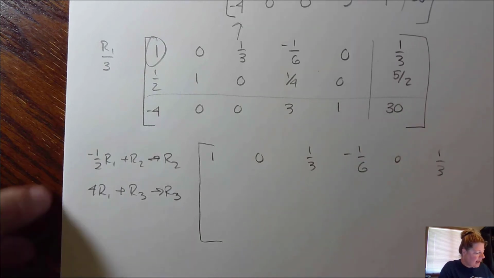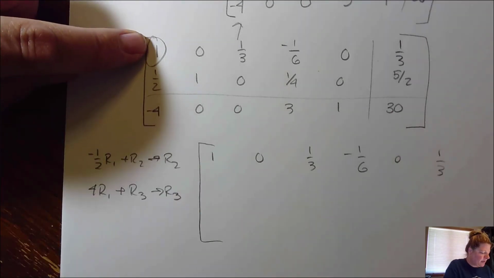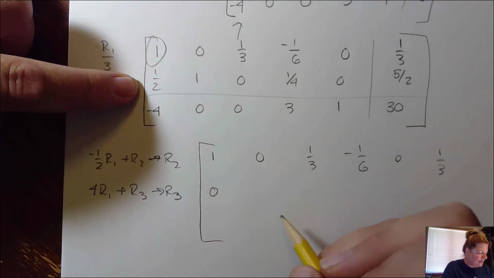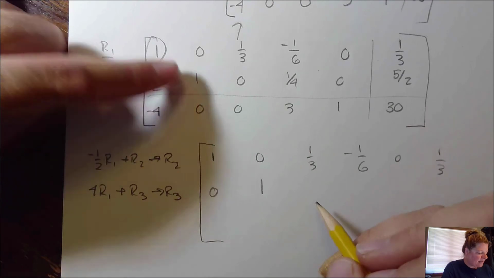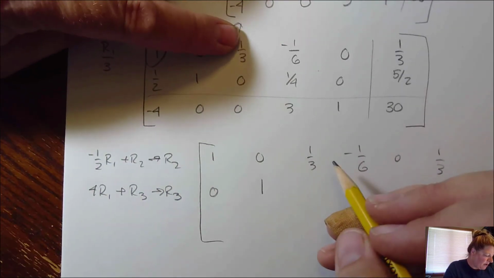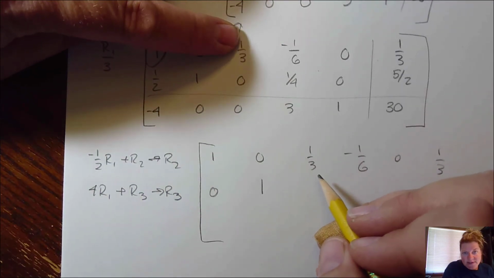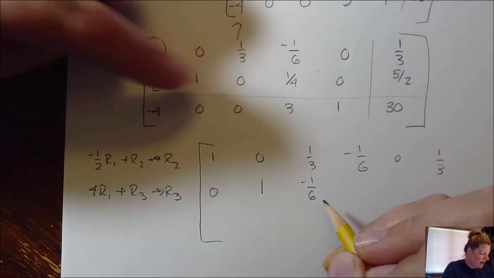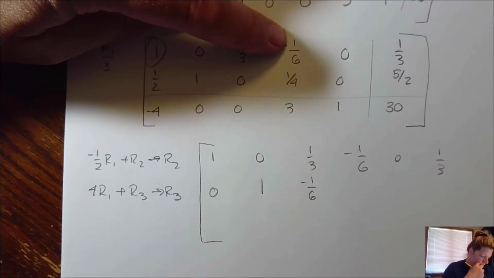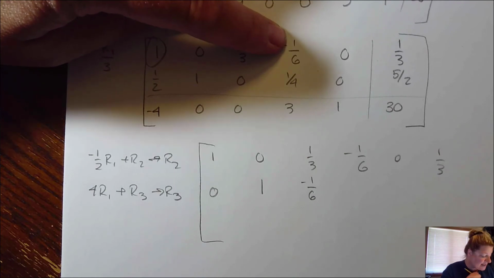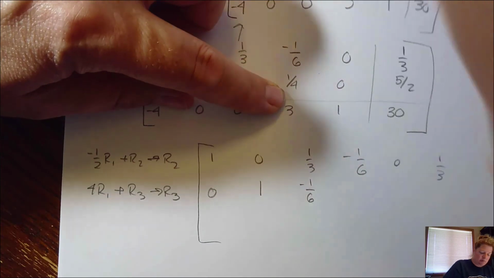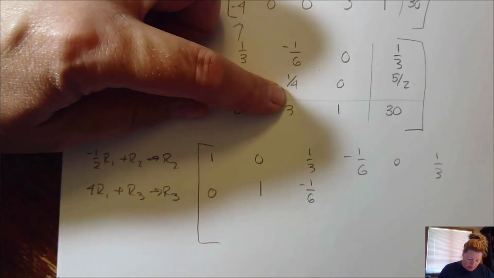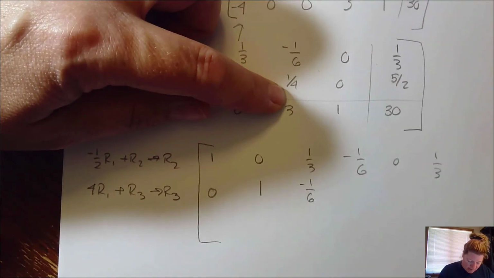All right, negative 1/2 times 1 plus that is 0. Negative 1/2 times 0 plus 1 is 1. Negative 1/2 times 1/3 is negative 1/6 plus 0 is negative 1/6. Negative 1/2 times negative 1/6 is positive 1/12 plus 1/4. Oh, let me get out my calculator. 1/12 plus 1/4.